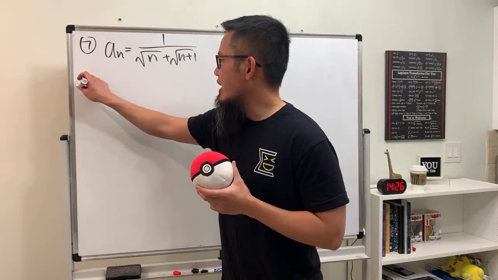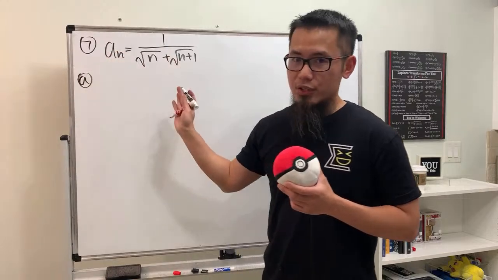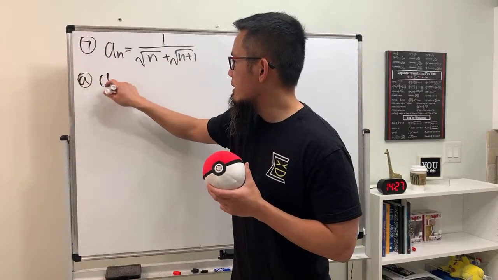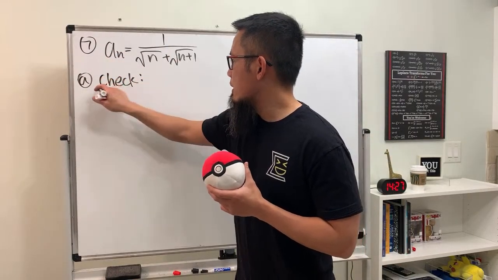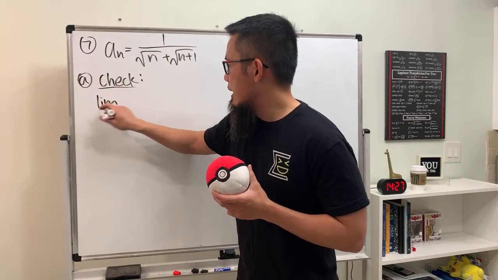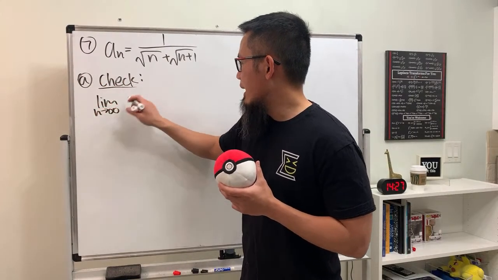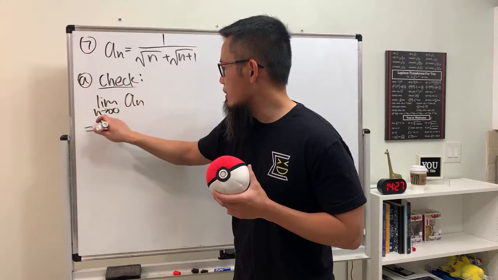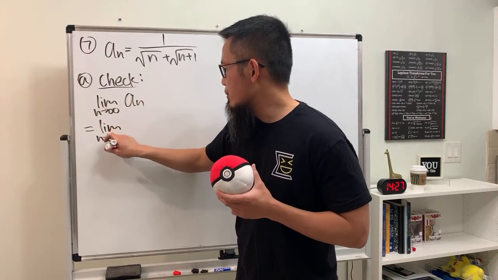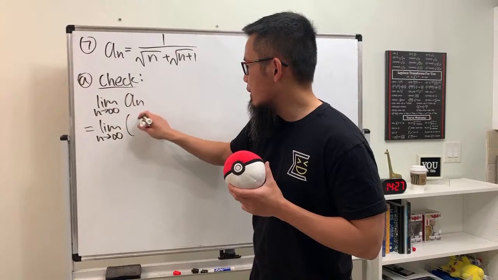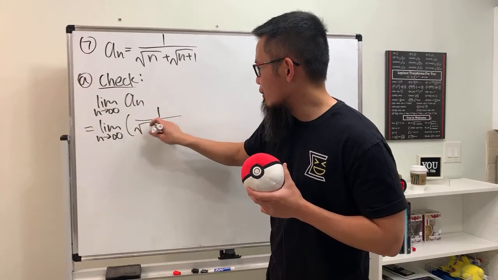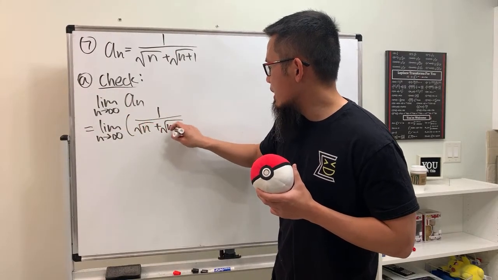First, check if a_n converges or not. So by that, we will check the limit as n goes to infinity of a_n, which is just the limit as n goes to infinity of 1 over square root of n plus square root of n plus 1.